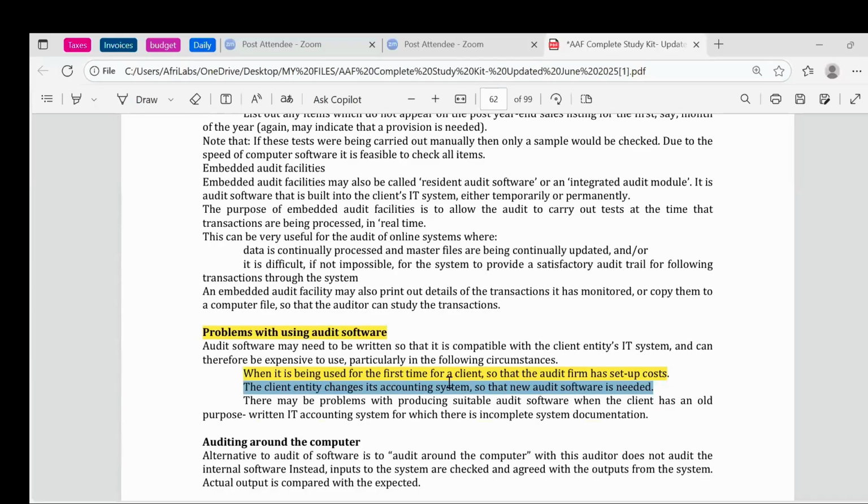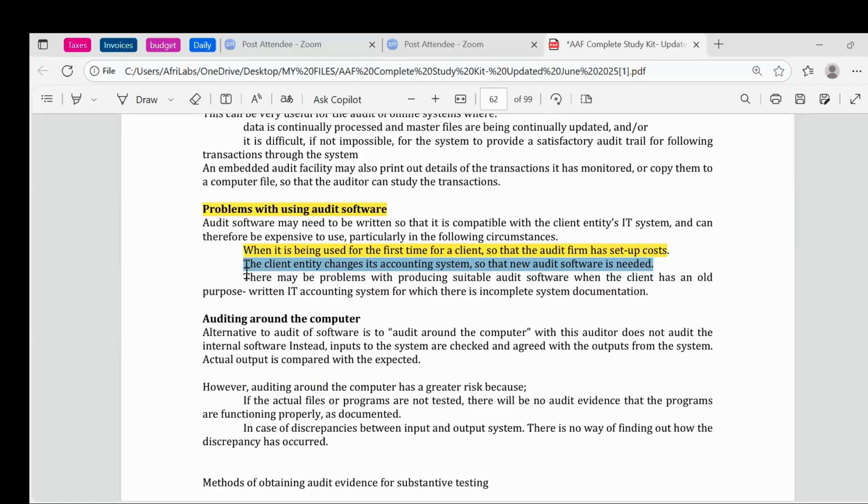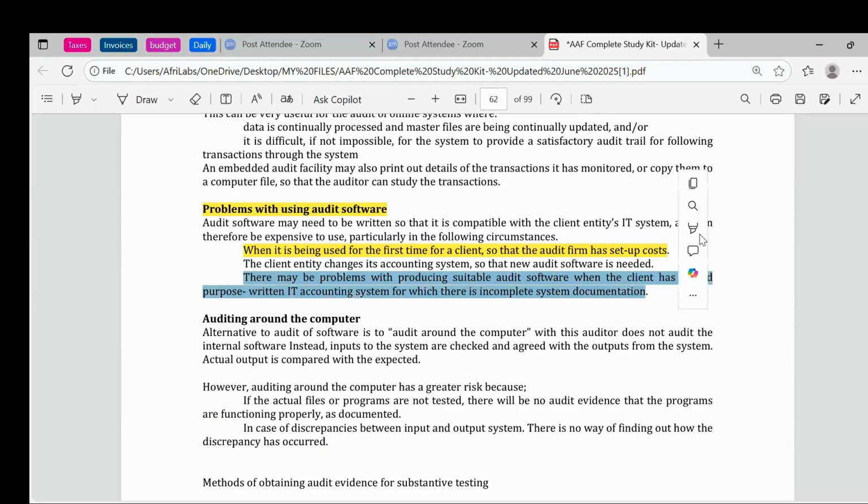Number two, if they make a major change in their accounting system, they will most likely need a new software. And number three, there may be a problem in finding a suitable software. This is a very real example because, for example, when you work in non-profit, it's hard to find a suitable software that understands the kind of service that you're trying to provide.